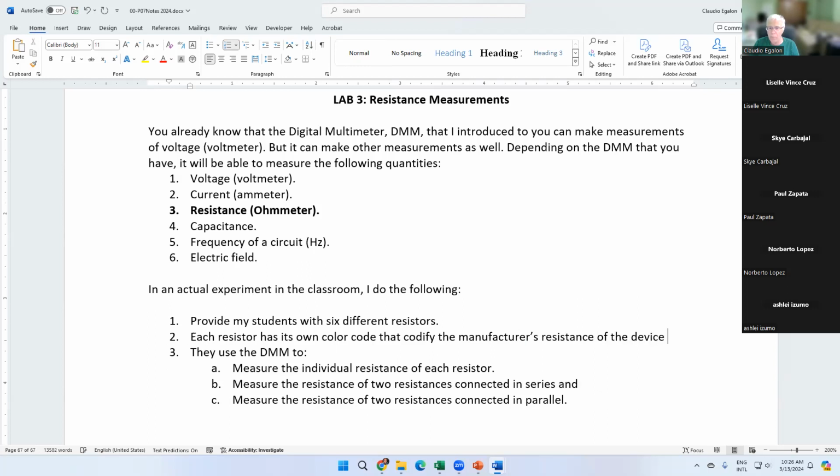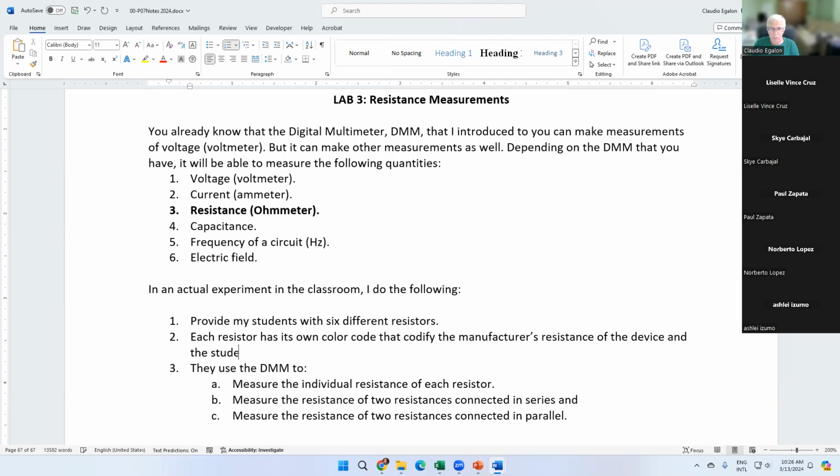And the students use this color code to determine the resistor's resistance. Okay? So 2 different ways of finding out the resistance of a resistor: either with the color code or using the DMM.